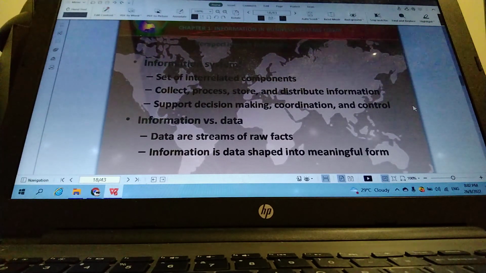Moving on, let's try to understand the difference between information and data. Data, as we know, are streams of raw facts, or unprocessed facts. Unprocessed facts, we call data.